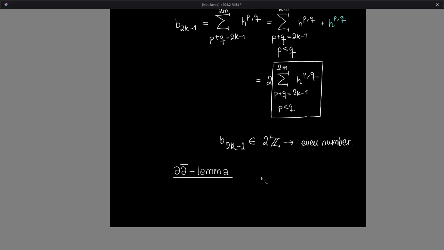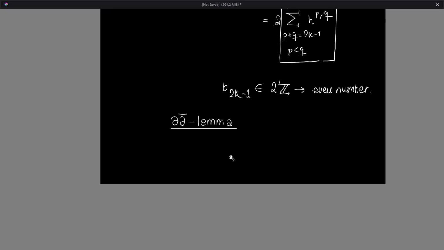So we're just going to give you an idea of why this is true. But we do want to show how the Kähler identity is linked to the ∂∂̄ lemma, and why, because the Kähler identities only hold on Kähler manifolds, the ∂∂̄ lemma holds for Kähler manifolds. Okay, so let's get right into it.